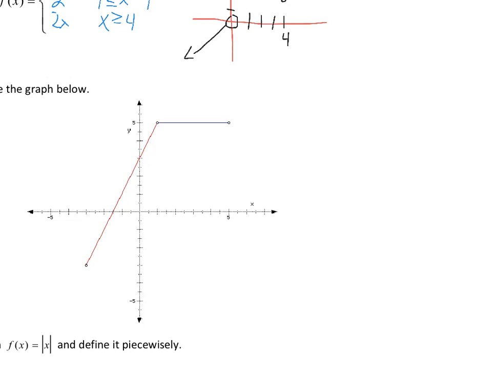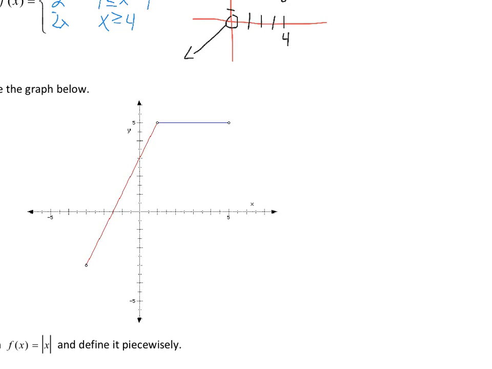And then you can count your slope from this point to that point because that's a clear point, I think. So it's up 1, 2, 3, 4, 5, 6, but over 1, 2, 3. So my slope is 2. So the equation of that line is 2x plus 3.